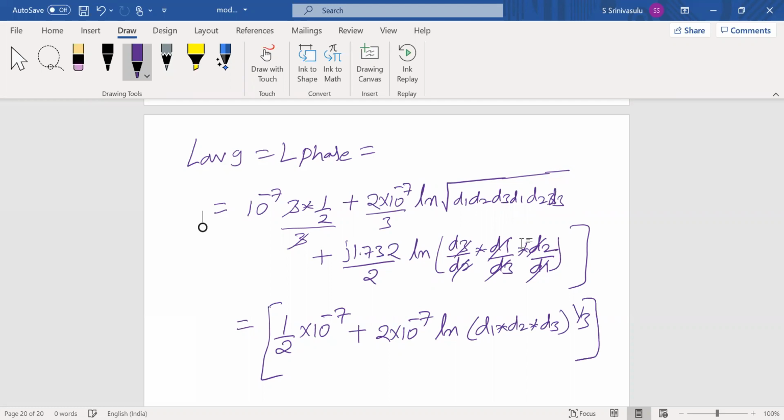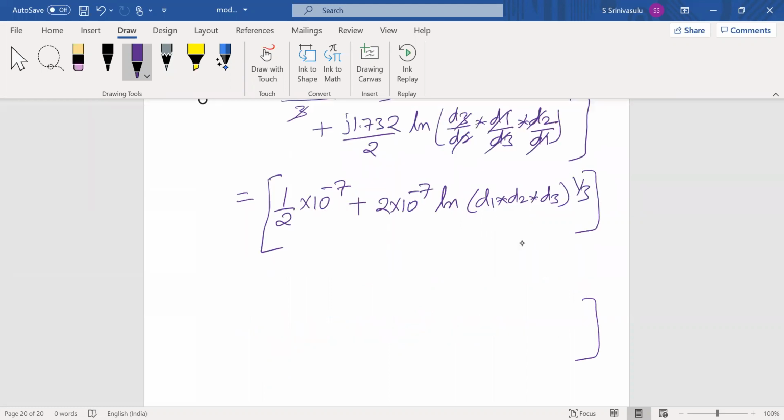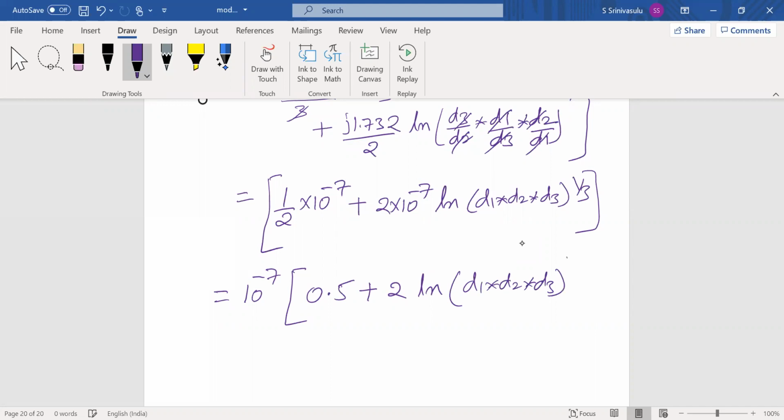Finally, I write 10 power minus 7 is common. The 10 power minus 7 comes outside. You can simply write this as 0.5 plus 2 into ln of d1 into d2 into d3 whole power 1 by 3 by r dash.